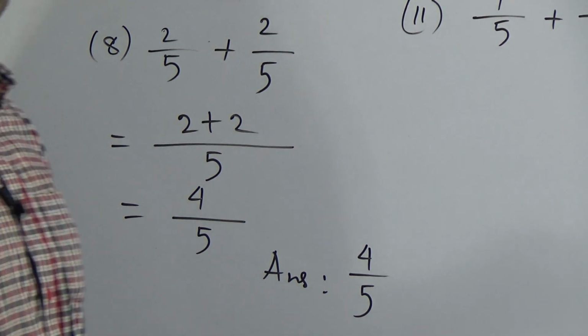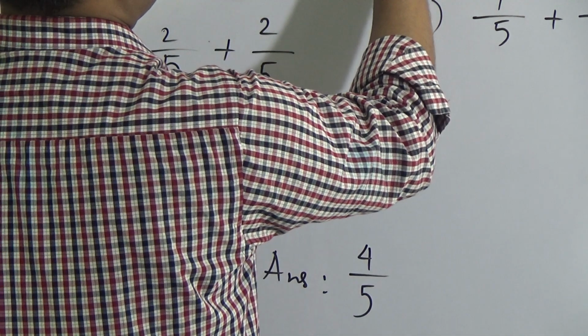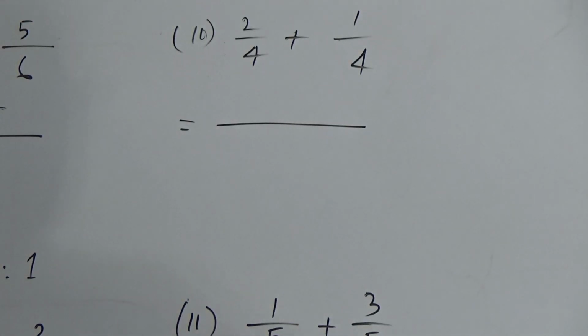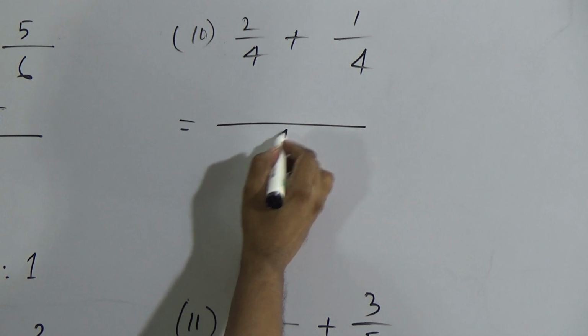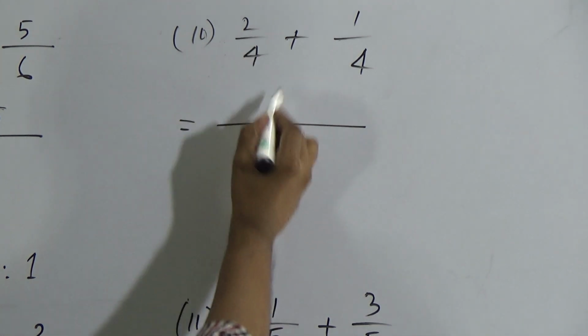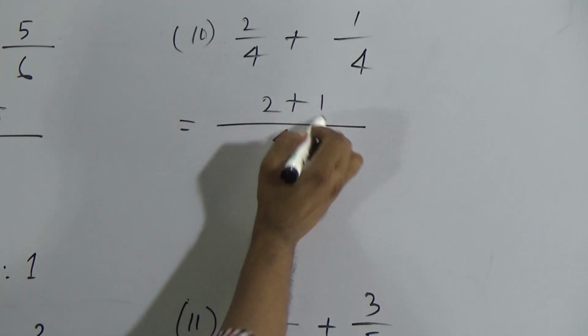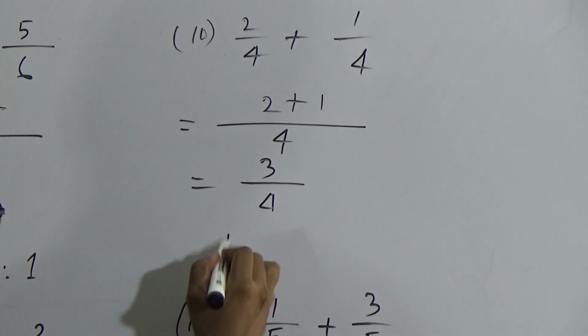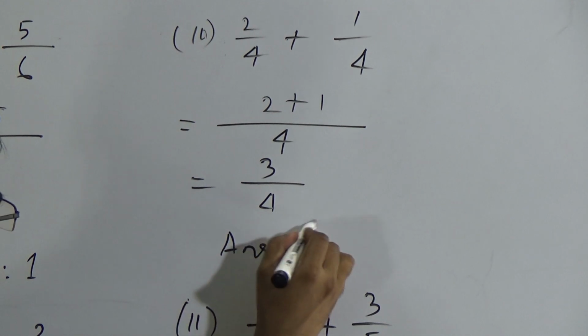Okay, dear students, now we'll solve number 10. Both fractions' denominators are 4, so here the denominator will also be 4. Now 2 plus 1 equal to 3, that means 3 by 4, and the answer will be 3 by 4.